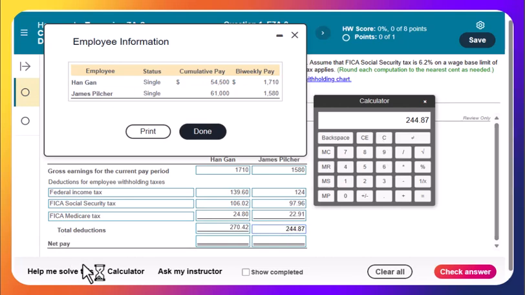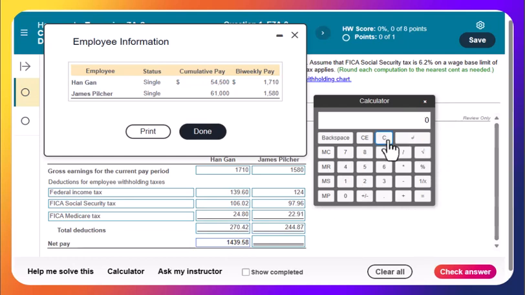And then to get our net pay here, we're going to go ahead and clear out. We're going to take this gross earnings and subtract out the total deductions here we just calculated for the net pay. So for Han, that means 1710 minus 270.42 equals 1439.58. Go ahead and enter that in.